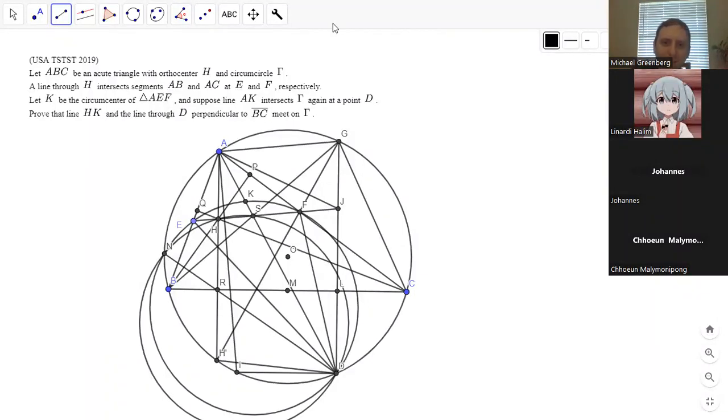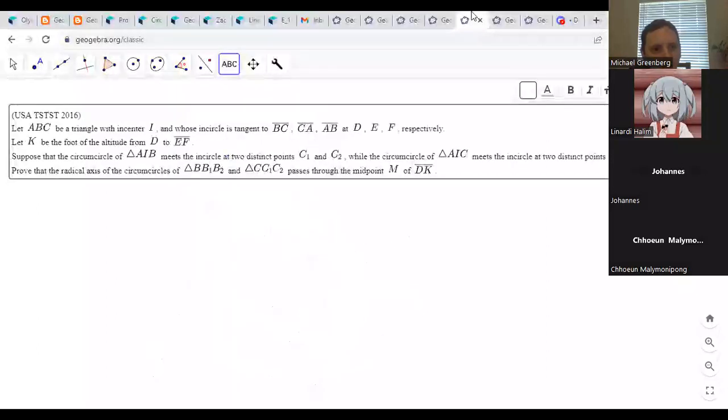I'm just curious, let's see what the other ones are. So this looks like a Sharpie double configuration, and this one looks like it's probably inversion, I bet.